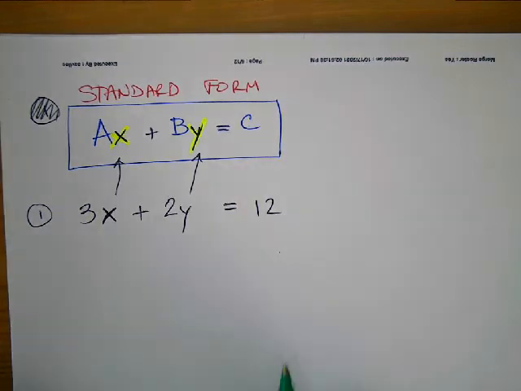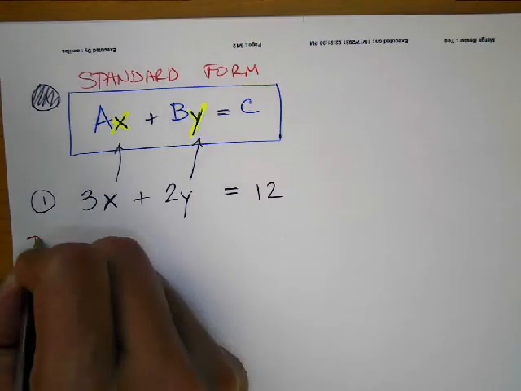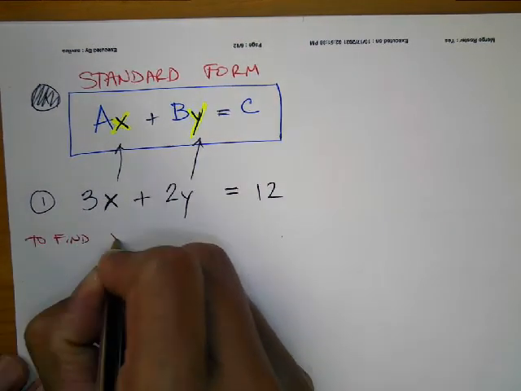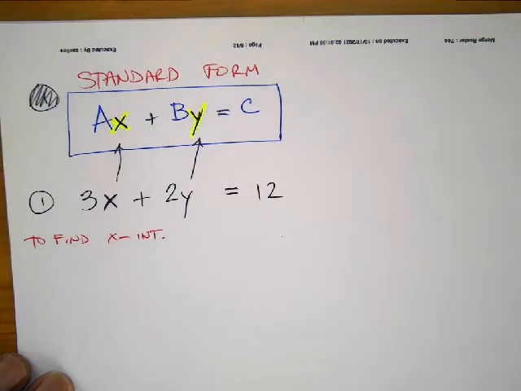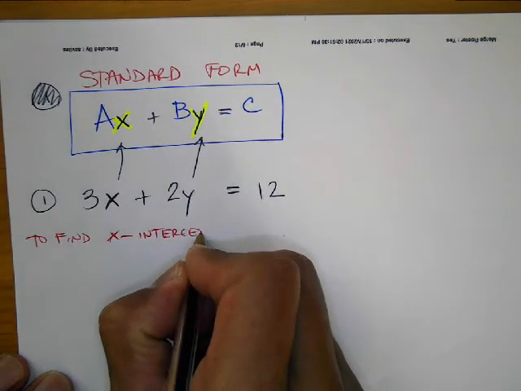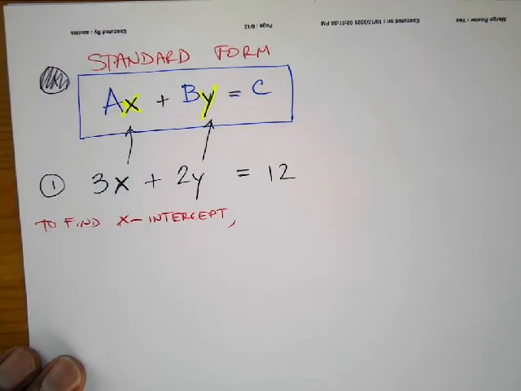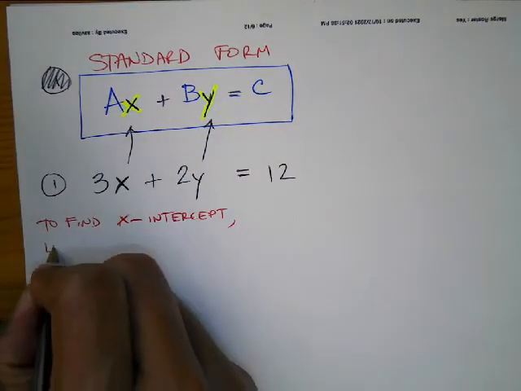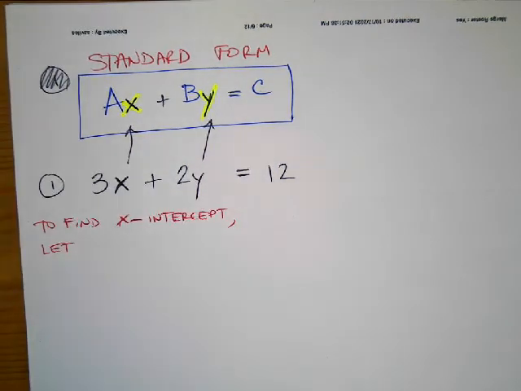Okay, so here it goes. To find the x-intercept, and I'm going to abbreviate, I'm just going to put an x int. To find the x-intercept, you let the other letter, right?